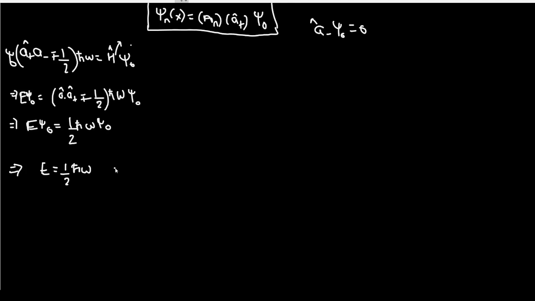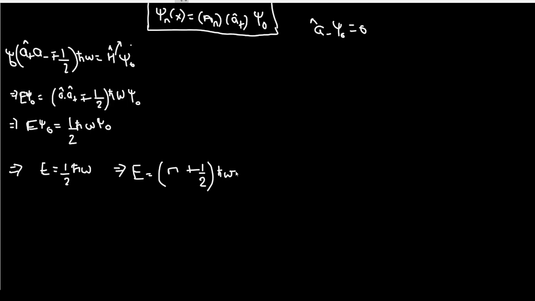So you can write E equals n plus one half h-bar omega, where n refers to any state. For example, you can find it for n equals 1, n equals 2.